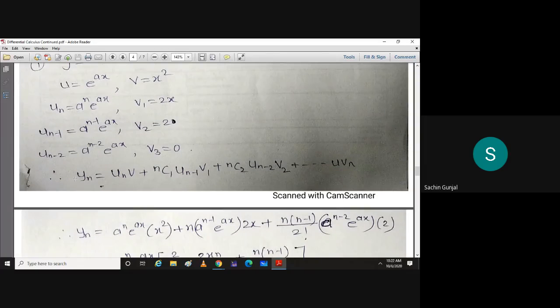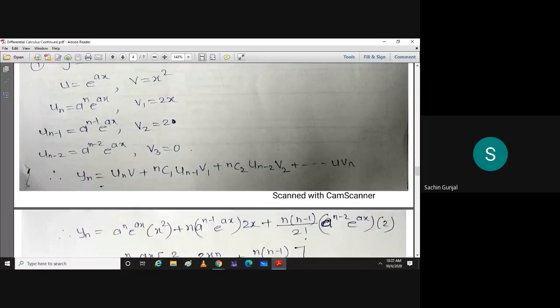So just substitute these values. yn is equal to un, a raised to n e raised to x, into v, x square, plus nc1, that is n, un minus 1, so the n minus 1 derivative is a raised to n minus 1 e raised to x, into v1, so v1 is 2x, plus nc2, that is n into n minus 1 upon 2 factorial, n minus 2 derivative of u, so that is a raised to n minus 2 e raised to x, into v2. v2 is 2.